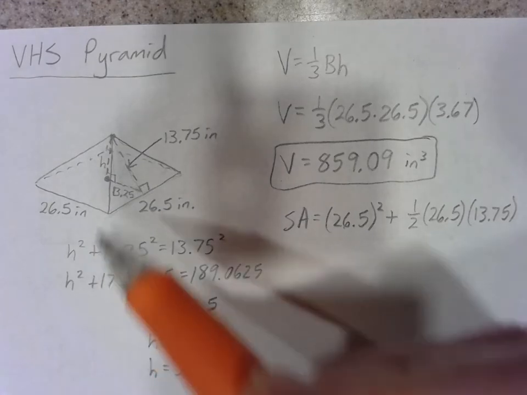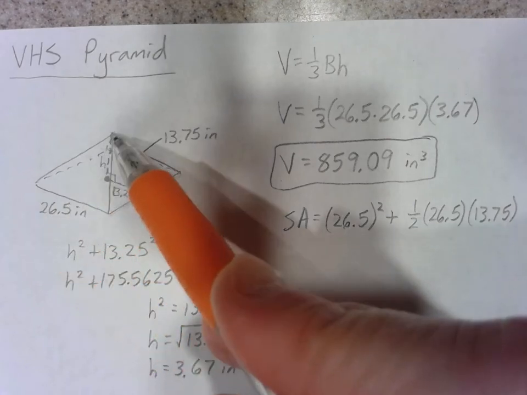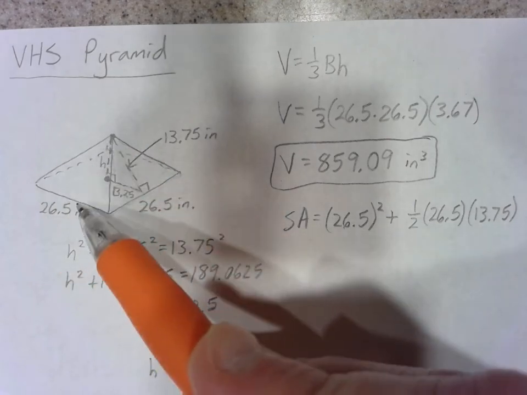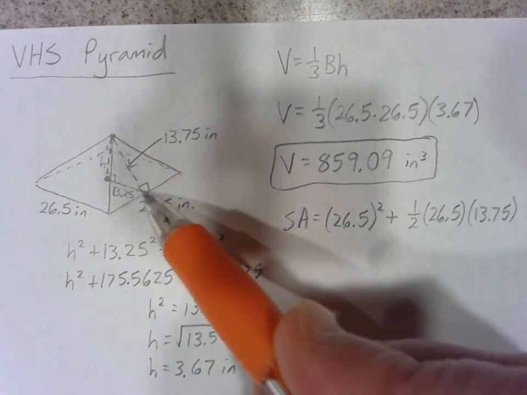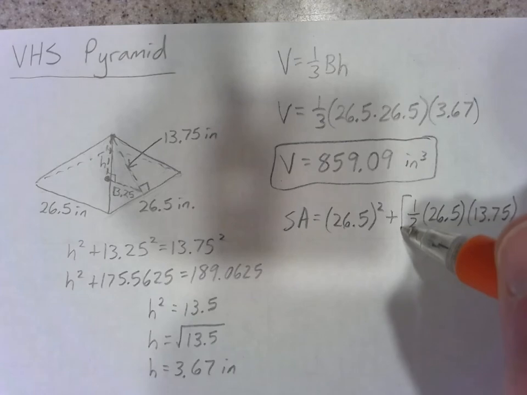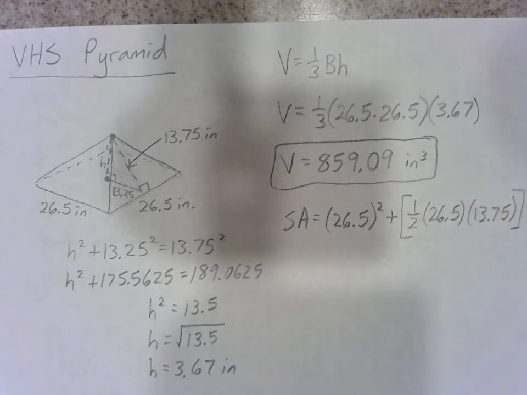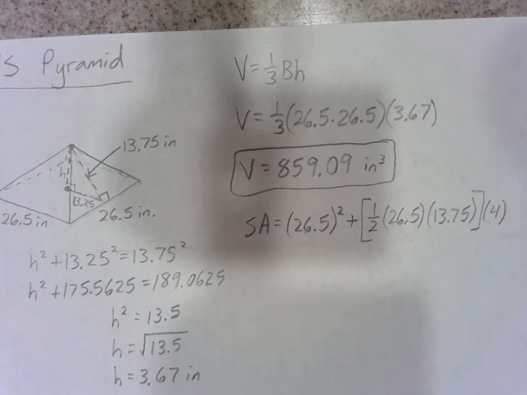Now, each of these triangles has a base of 26.5 and a slant height of 13.75. The two on the back side, same base, same slant height. So if all of your triangles are the exact same size, they have the same base and same height, then we can multiply whatever the area of that triangle is by the number of triangles. There are 4 triangles.